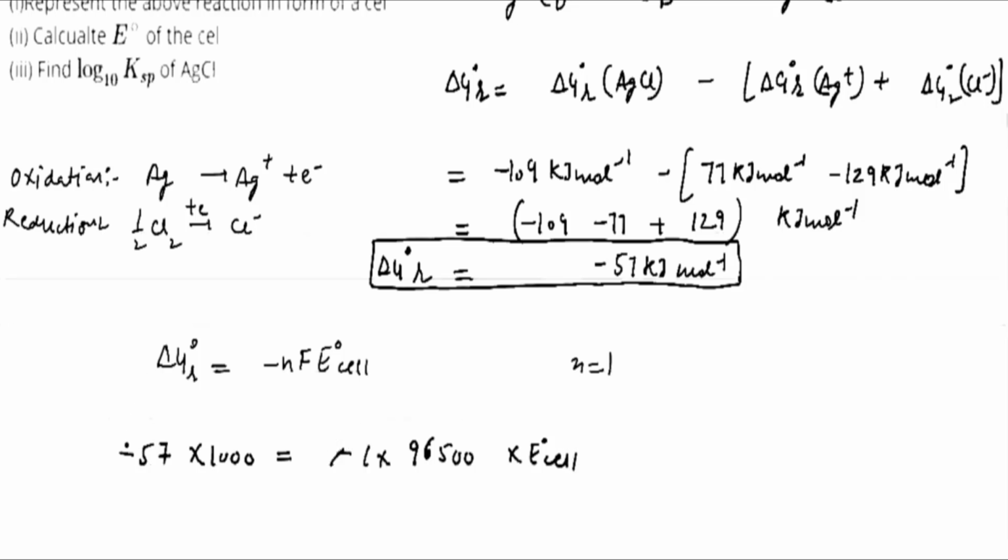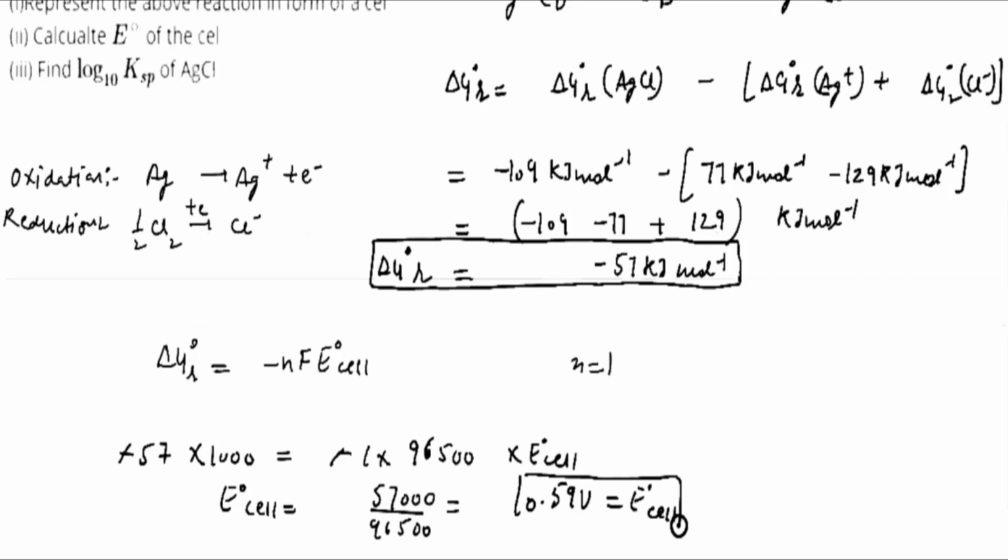So this minus is cancelled and E naught of cell will be 5700 divided by 96500. This gives us the E naught of cell as 0.59 volt. So this is the second part.